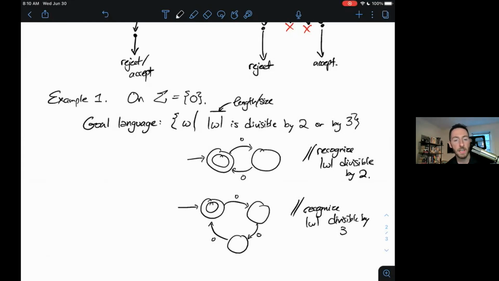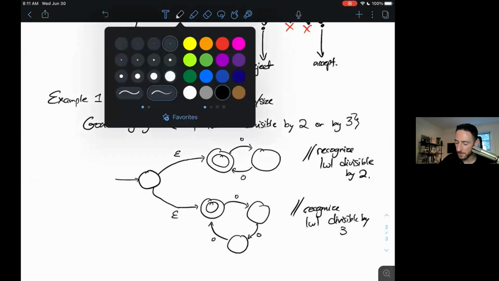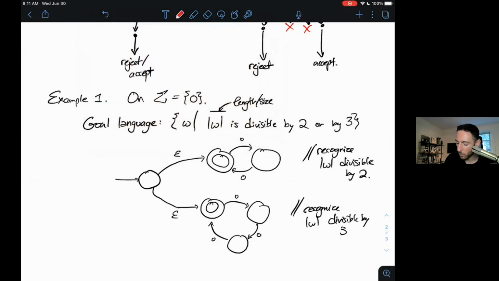So you could certainly do this with the DFA. But with an NFA, I claim that the task is much simpler. I can create a machine that recognizes either one of these two conditions by drawing 2 epsilon arrows from a new start state. And the reason this works is because whenever I read in a string, I'm going to start at the start state.